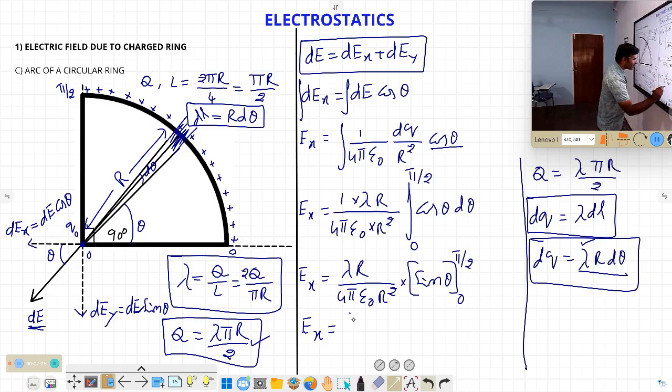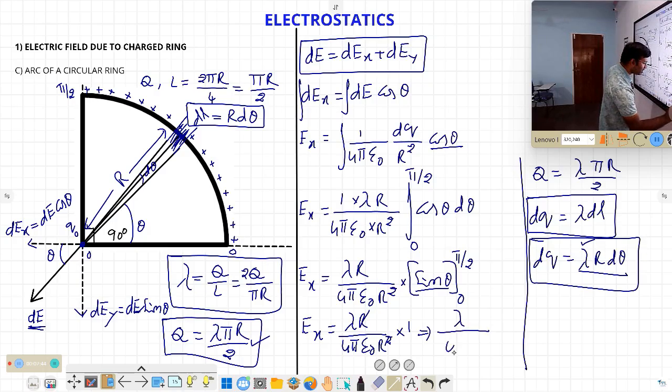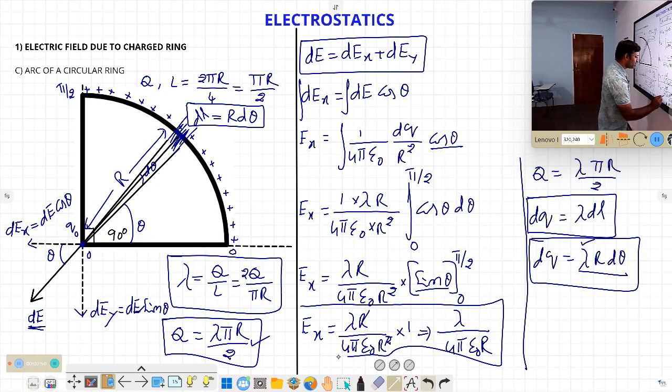So I can write lambda r by 4 pi epsilon naught r square into 1. One r here I can cancel. After cancellation, what do I get? Lambda by 4 pi epsilon naught r. This is the electric field intensity due to this arc at the origin, at the center of the arc, due to the x component.